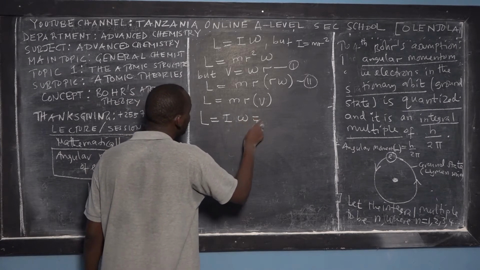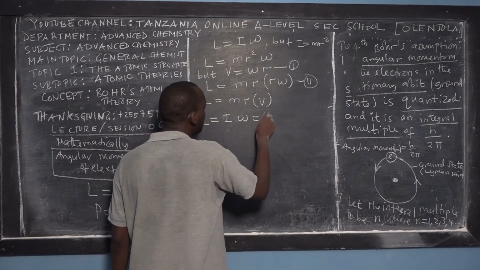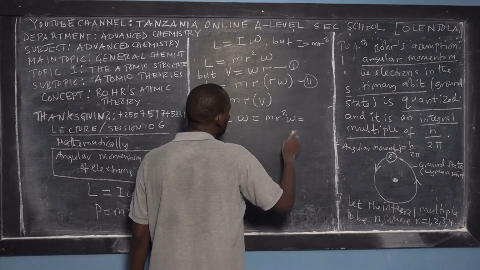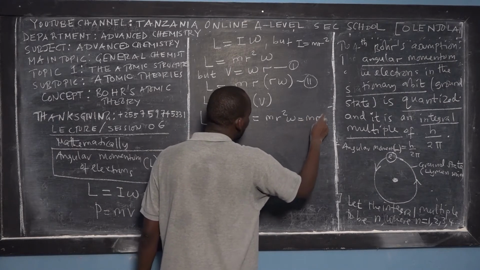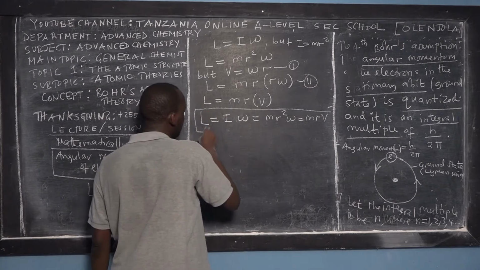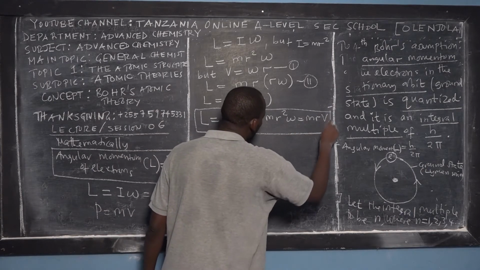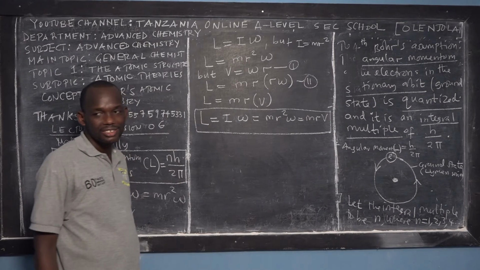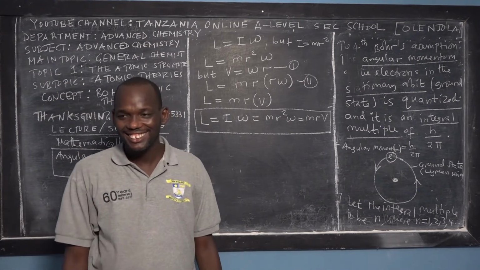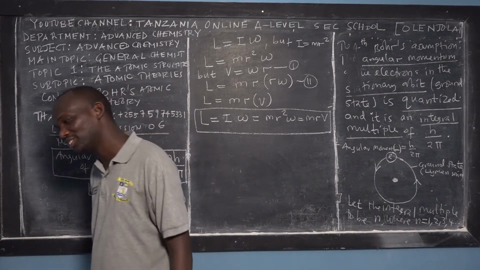Angular velocity, or we can find it by using mass and then radius of the orbit times angular velocity, or we can find it by using mass times radius times what? Linear velocity. So all of these formulas are formulas for angular momentum of electrons. Is it interesting? Yes, chemistry is beautiful.